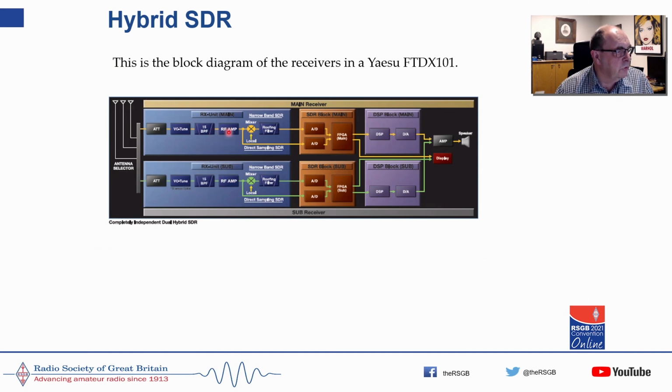There's an RF amplifier, there's a mixer with a local oscillator. You get an IF coming out of here, and it goes into an SDR block where there's an analog to digital converter, an FPGA, and then a standard Texas DSP block, a digital to analog converter, audio amplifier, and output to the speaker.